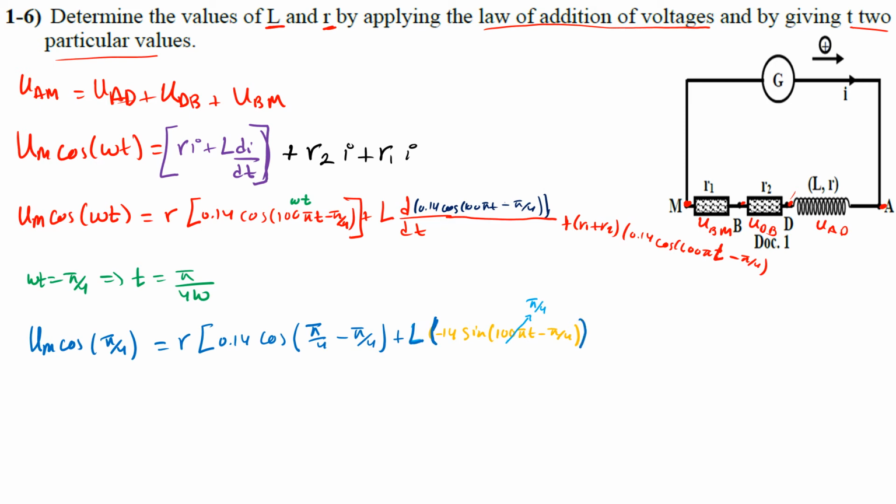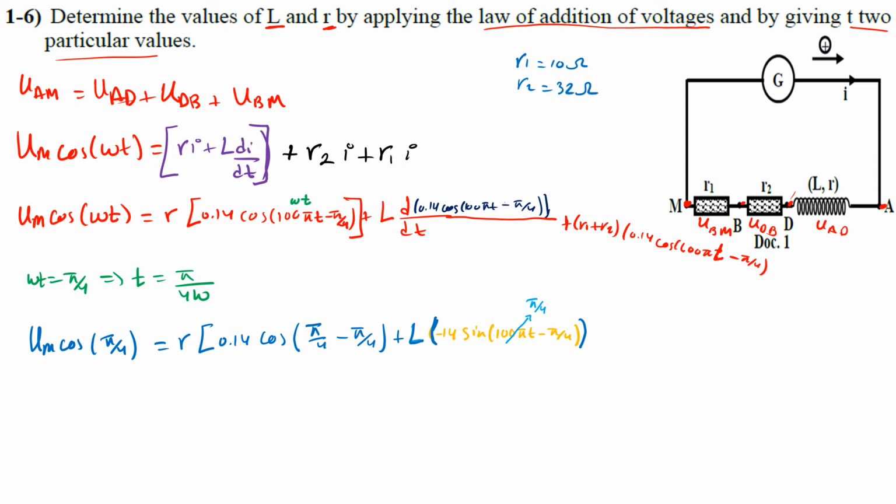Now R1 plus R2, we had R1 given as 10 ohms, and R2 was 32 ohms. I will write them. R1 is 10 ohms and R2 is 32 ohms.